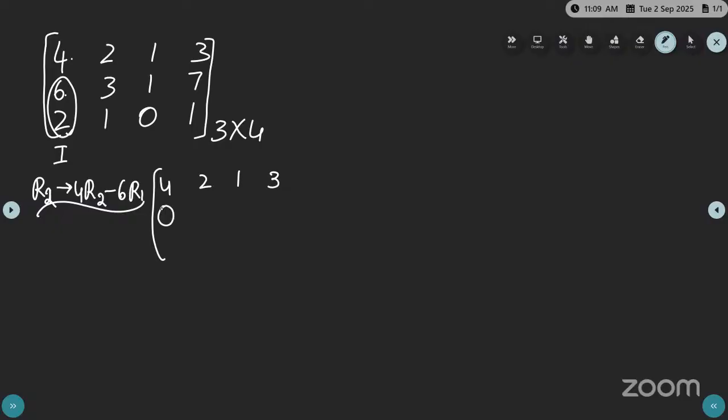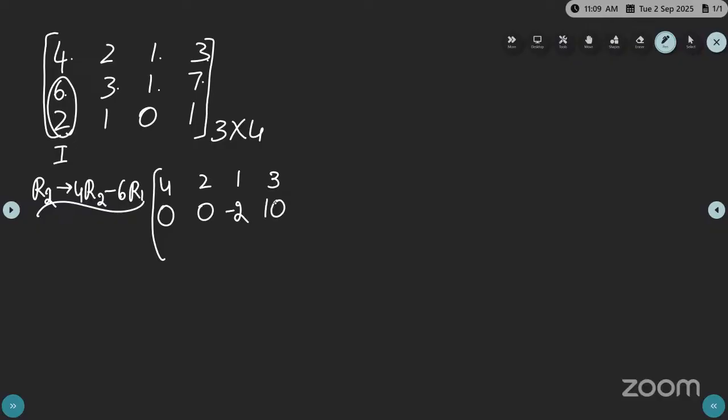Next, 3 into 4, 12, minus 12, 0. 4 minus 6, minus 2. Next, 28 minus 18, what is it? 10.